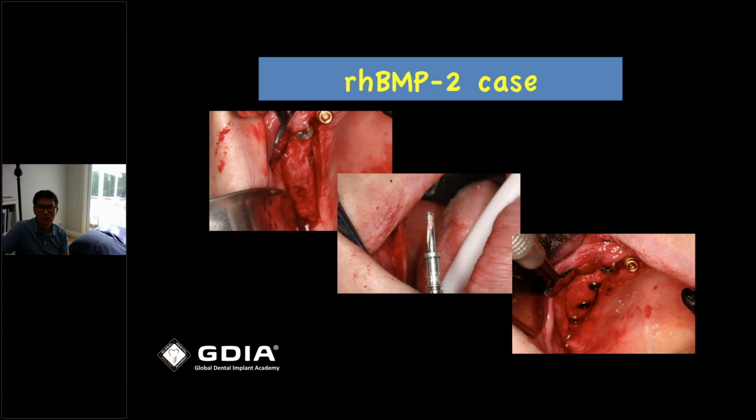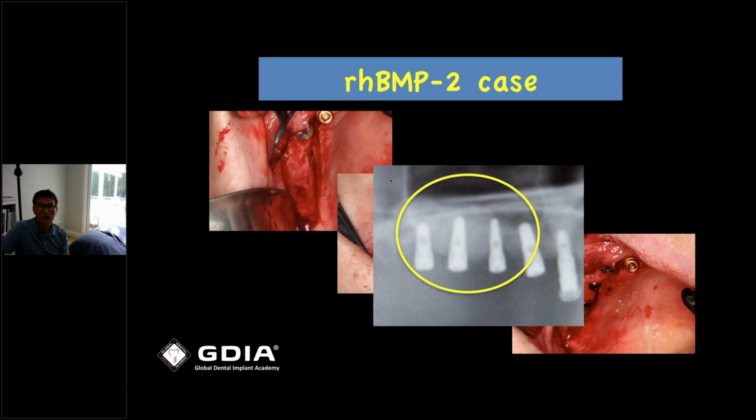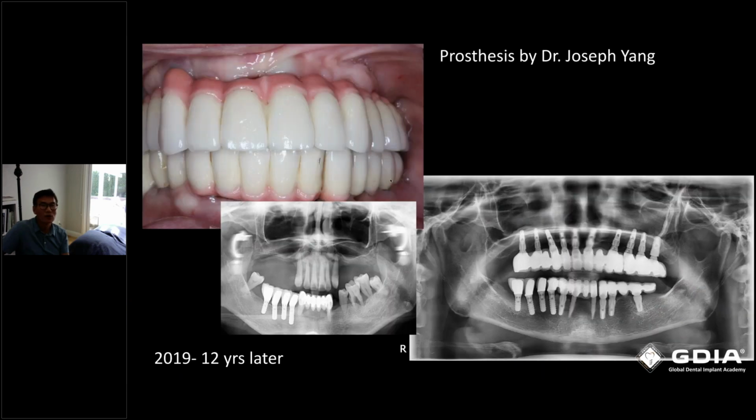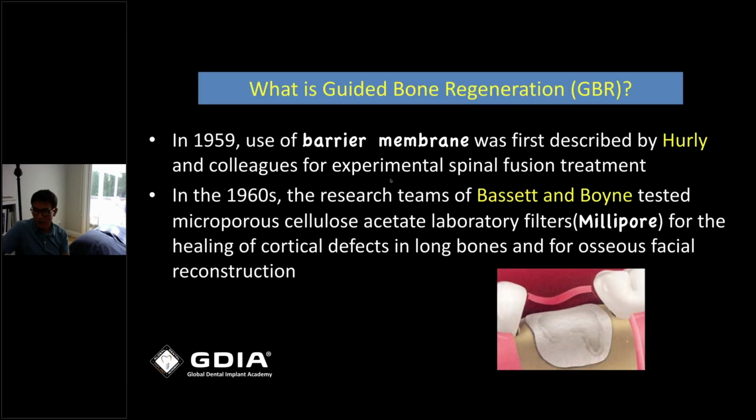About 6 months later, I drilled through, and you can see good bone regeneration in the sinus area. This is about 12 years later, and you can still see, from nothing, the development of about 20 millimeters of bone height.